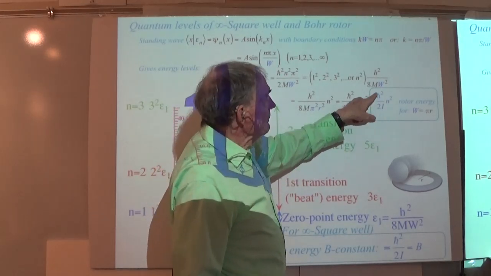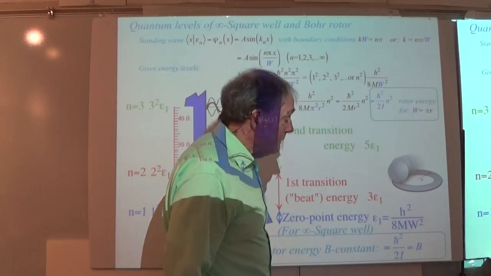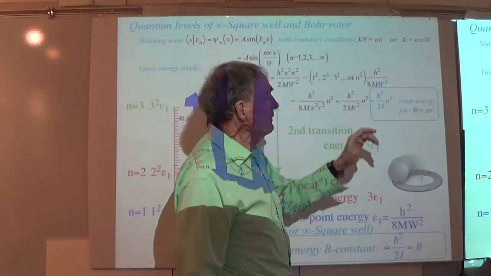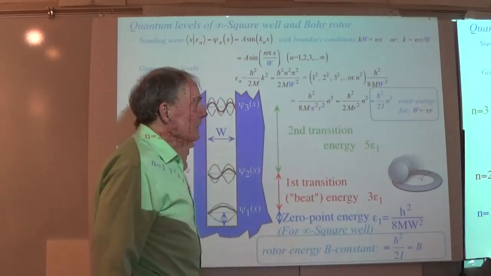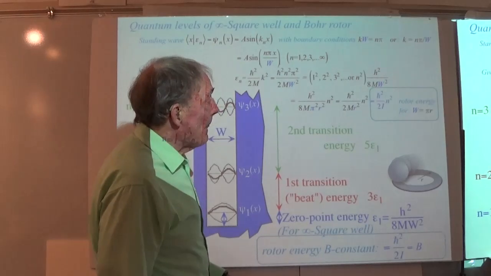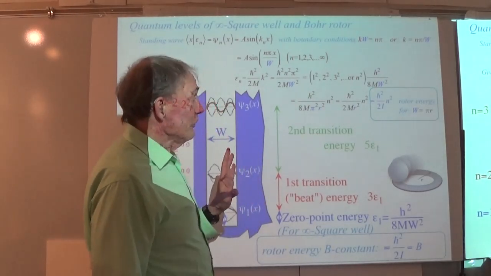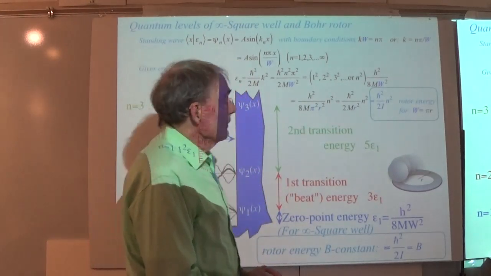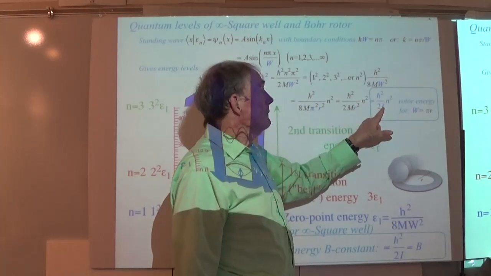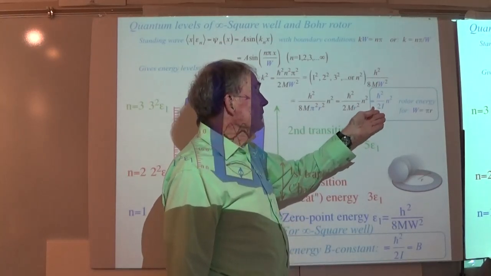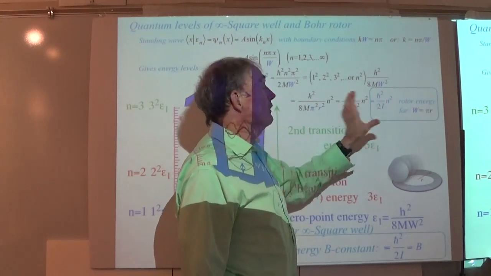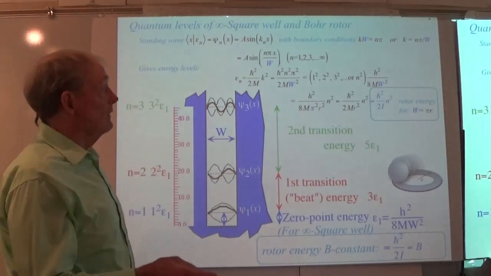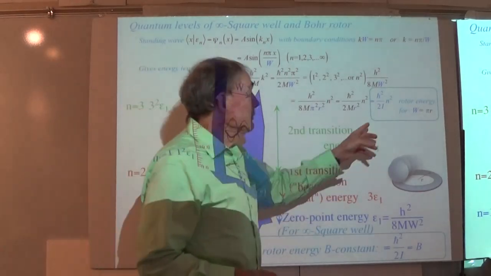So this little parameter right here, if you're using MKS units, is called B. Almost always the B constant, as a molecular constant, is the inverse of the rotor inertia. That's just because the Hamiltonian is P squared over 2 times the inertia. So in molecular physics, J squared times B is the very first term in the kinetic energy Hamiltonian describing any molecule.